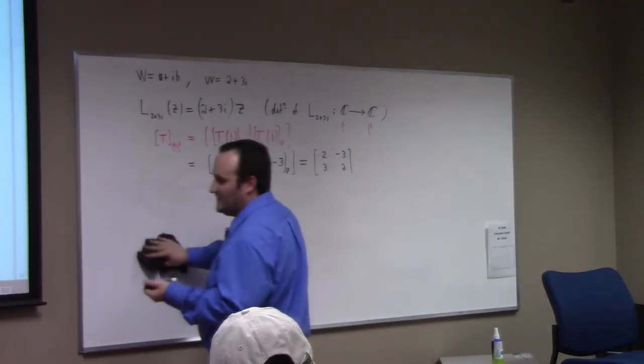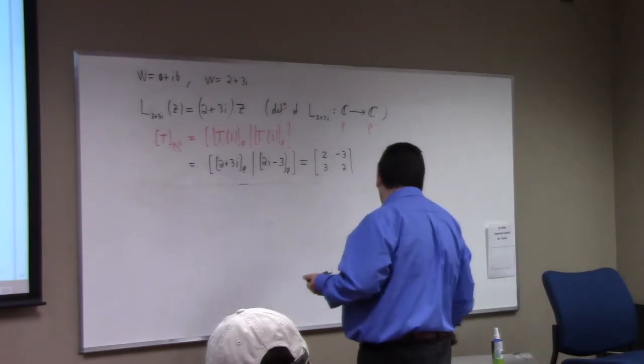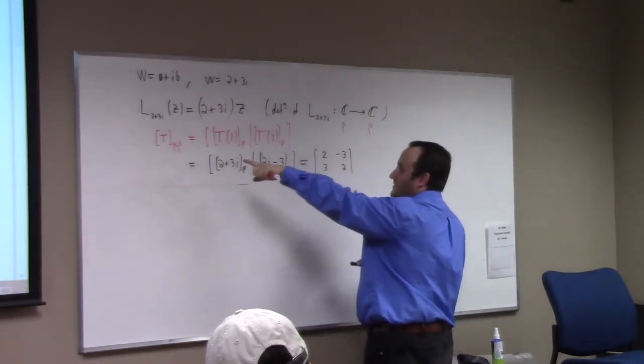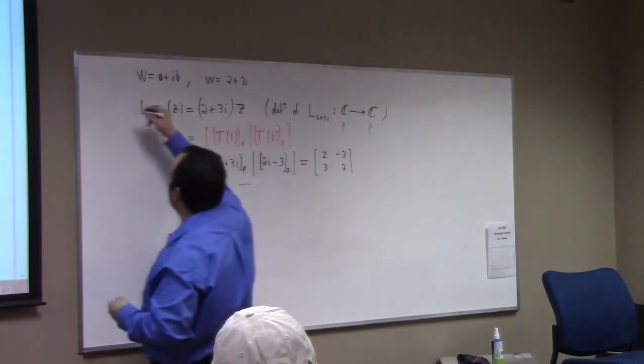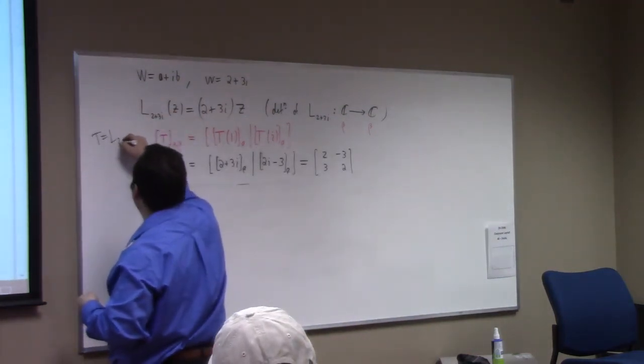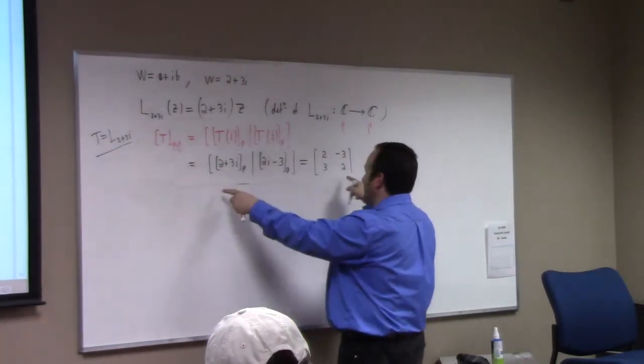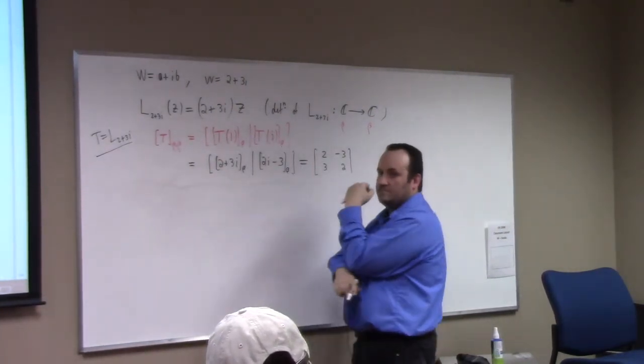What I wrote down there is not wrong, it's just I didn't use it, so let me just remove it. And so here, the matrix of this, calling this T, this being my T. Here's the matrix of it, right?